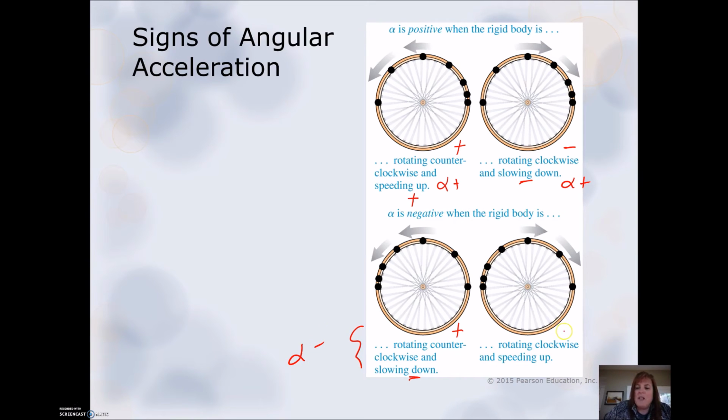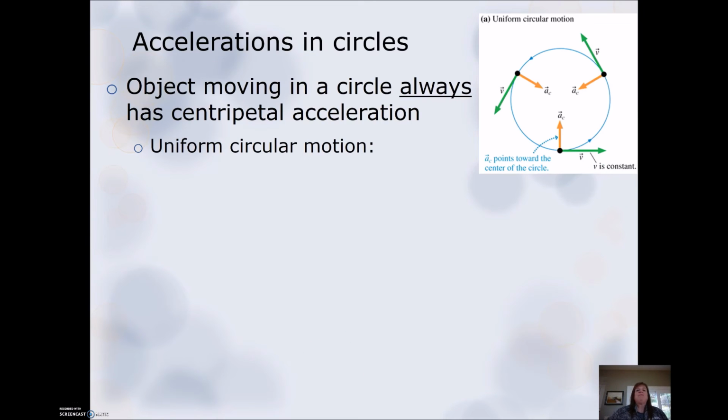And my other case here, rotating clockwise in the negative direction, but speeding up, again, positive times a negative gives me a negative angular acceleration. So I don't try to remember speeding up and slowing down and what's what for positives and negatives for acceleration, just like with linear acceleration, the same for angular acceleration. I like to think of it in terms of pluses and minuses. It makes it easier to remember.